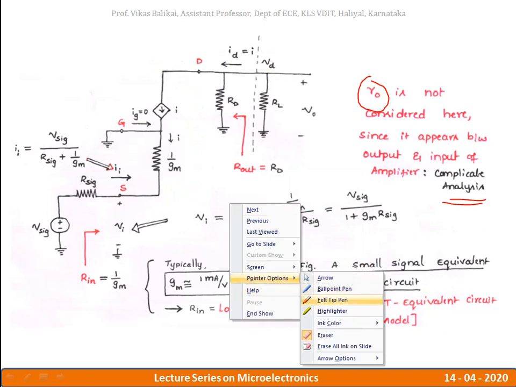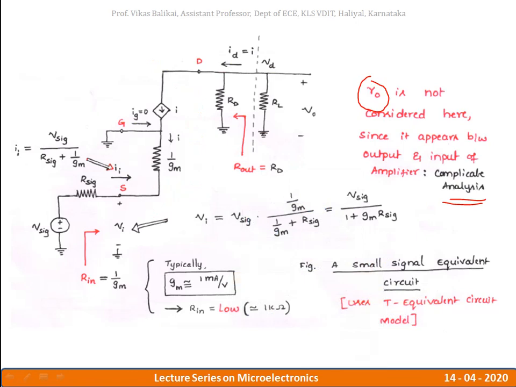So let's try to figure out what the input resistance of this entire amplifier configuration is, what the output resistance is, where my input voltage is being applied and what its exact value is, and how it is going to help us in figuring out the gain of the entire amplifier configuration. To begin with, as I told, the input is applied to the source terminal.